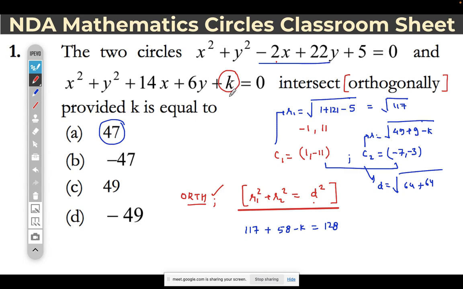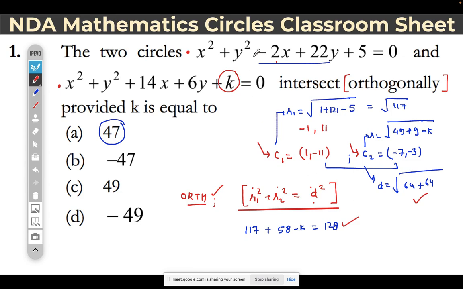We know that for an orthogonal intersection, radius 1 squared plus radius 2 squared should be equal to the distance between the two centers squared. From equation number 1 we got one center, from equation number 2 we got another center. Distance between them can be easily calculated by the distance formula. That's the value of d. So what is the value of d squared? Root removed. Clear?